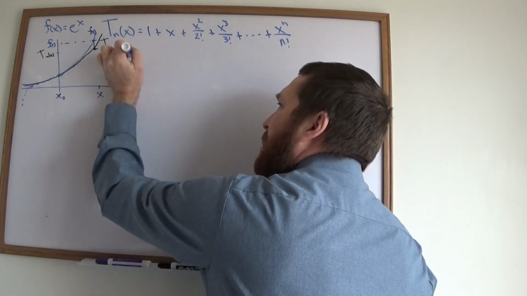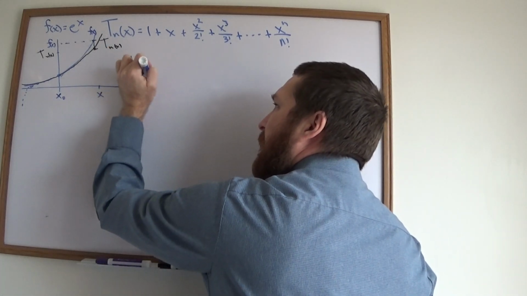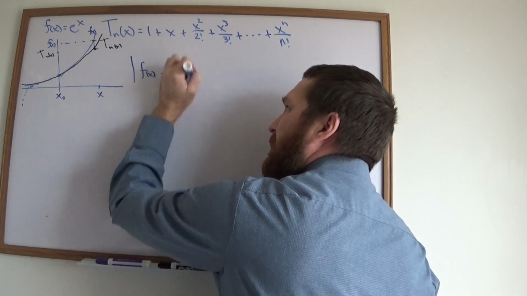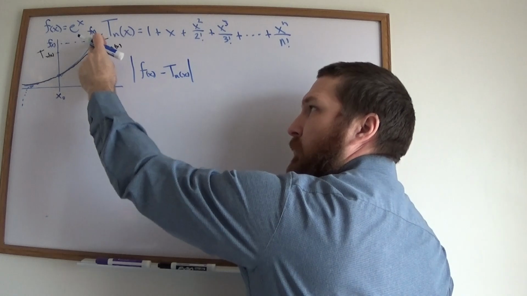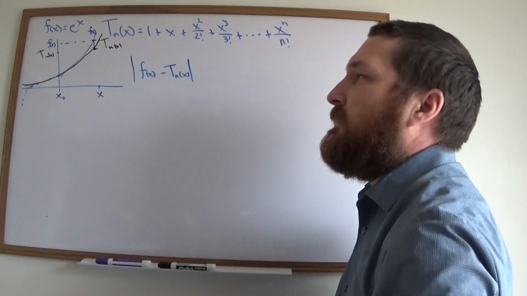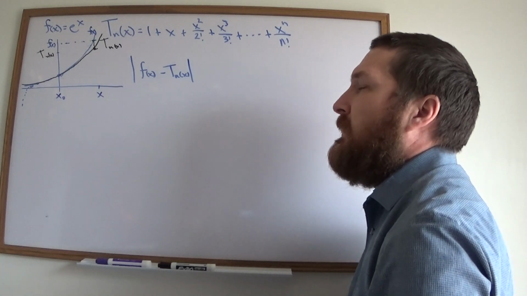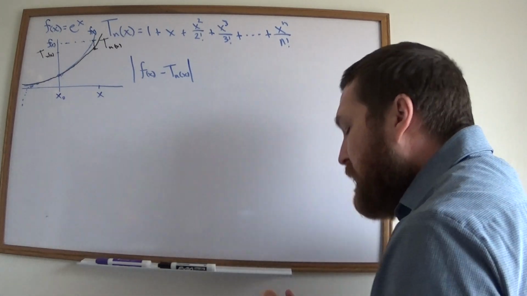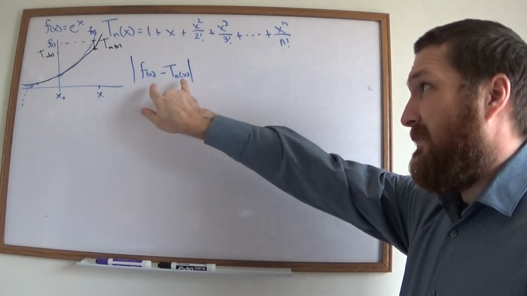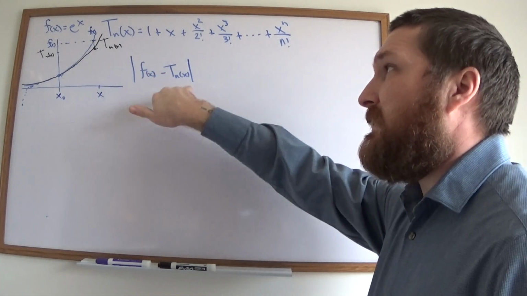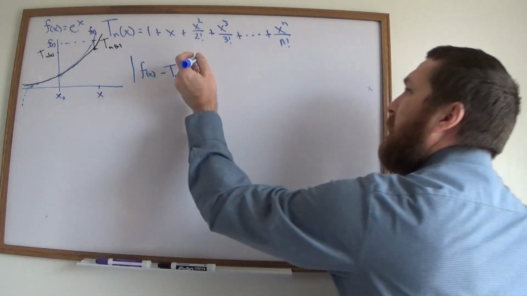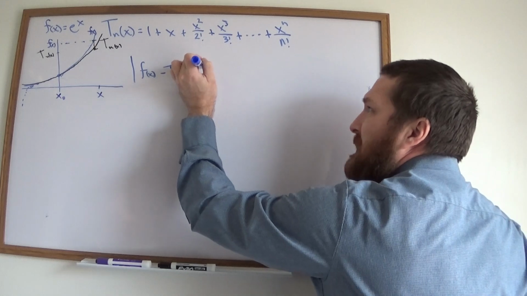It turns out that this is your error right here. That's the distance from that point to that point. And whether or not one's above the other, that's why we use absolute value here. We will be able to show this later on in class, it turns out that this value, for any f, you get your t in the same manner that we just did.